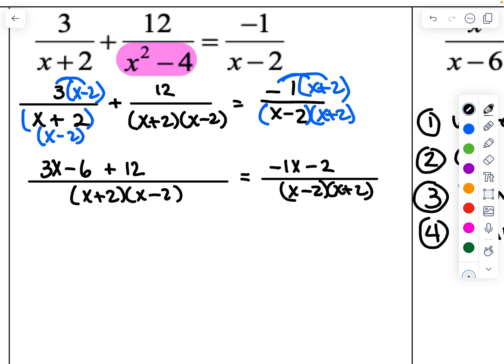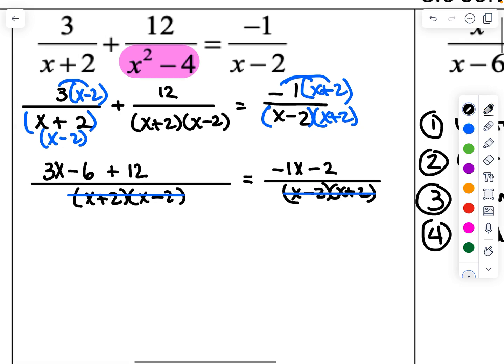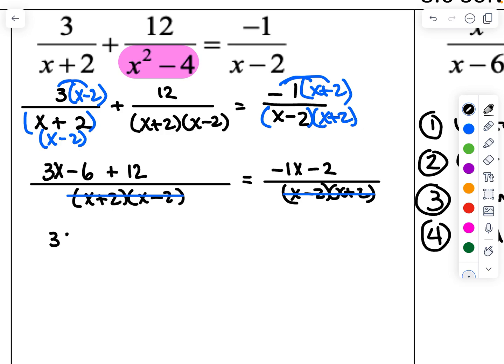So that's going to give us, we're going to remember at this point, because it is an equation, the denominators will cancel each other out. So we would have on this side of the equal sign 3x plus 6. On the other side of the equal sign, we would have negative 1x plus 2.